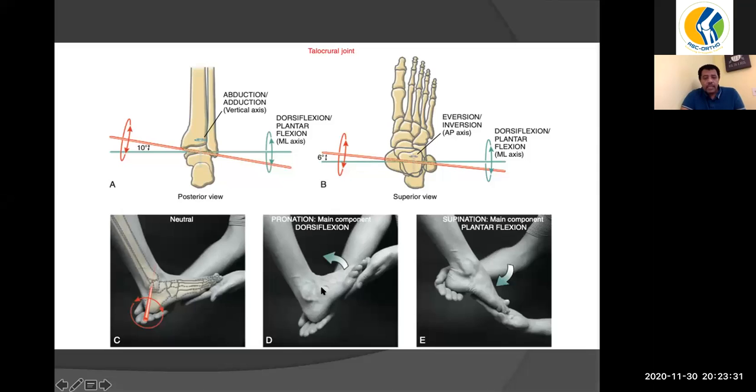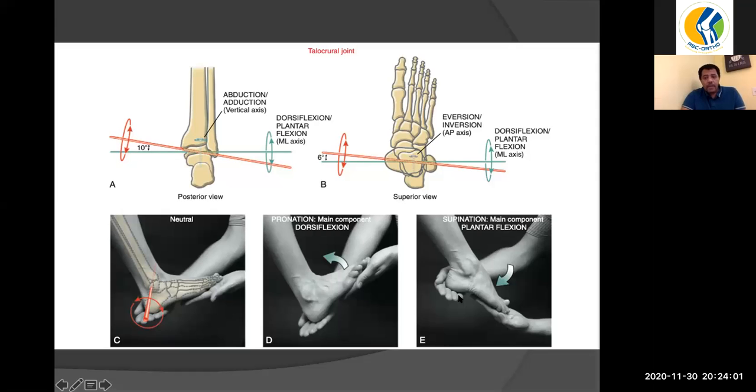But actually, by biomechanics, this theory was wrong, because when you are doing dorsiflexion, it's not just dorsiflexion, it also contains some kind of pronation of the foot. So it's a combined movement, like dorsiflexion at the level of the ankle joint, and at the same time there is a pronation in the midfoot.